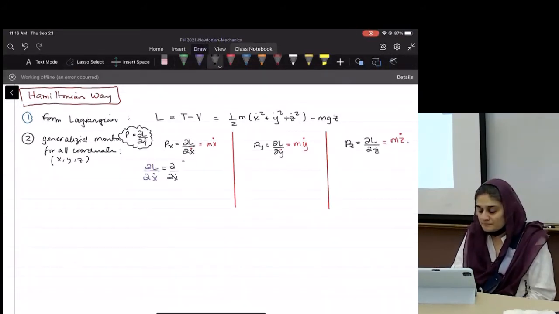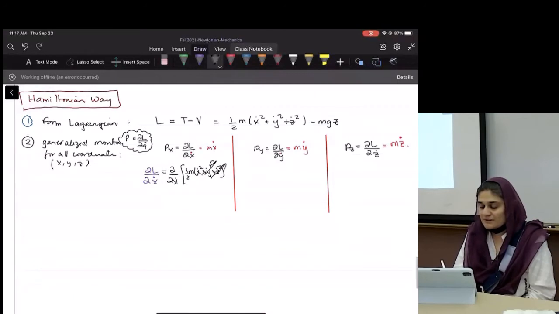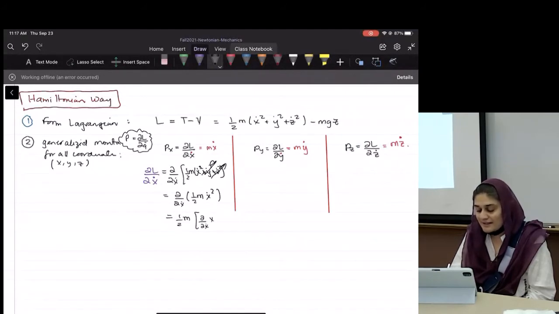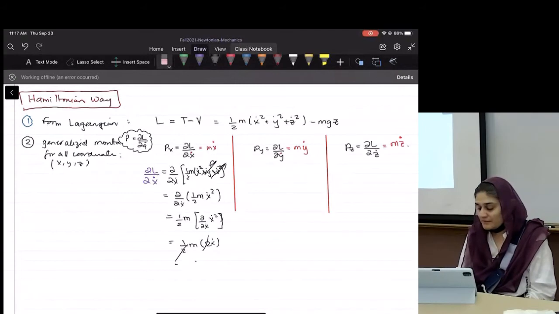Only the x dot term matters, so it'll be just partial over partial x dot of 1/2 m x dot squared. So you're differentiating over x dot. 1/2 m is a common factor. You'll have partial over partial x dot of x dot squared, which is 1/2 m times 2x dot, right? So this 2 gets canceled and you will get m x dot.